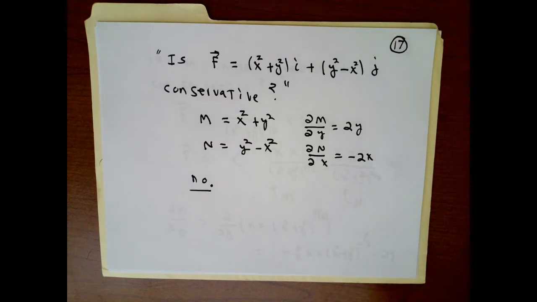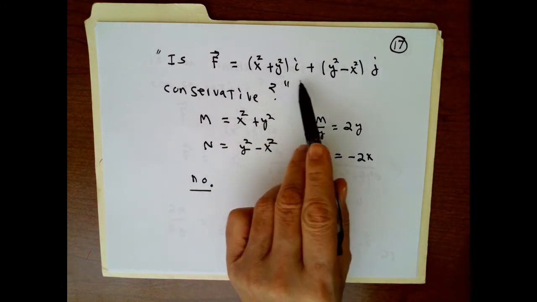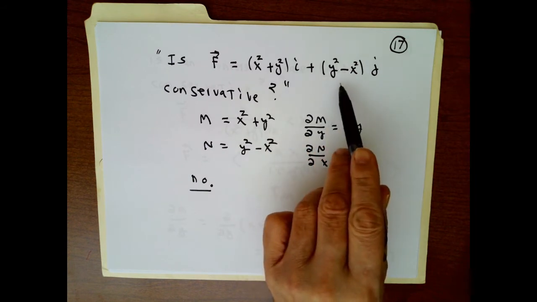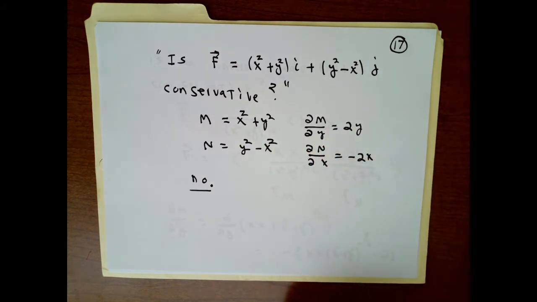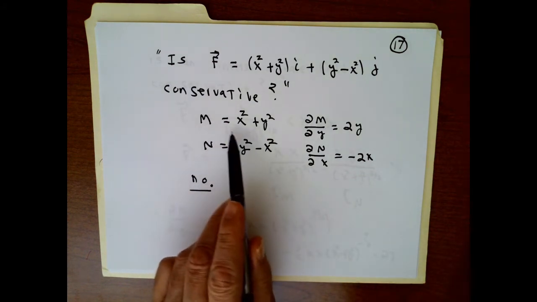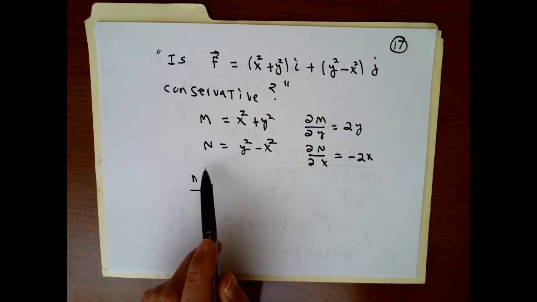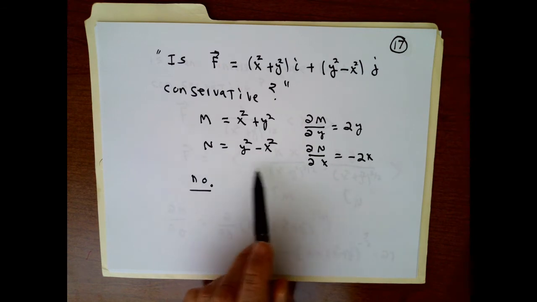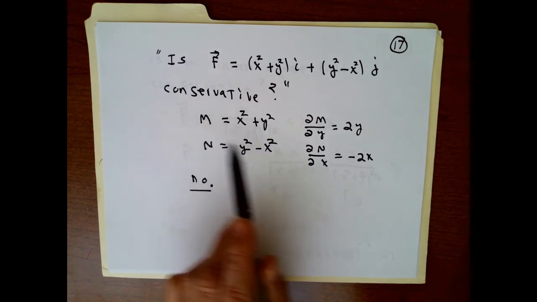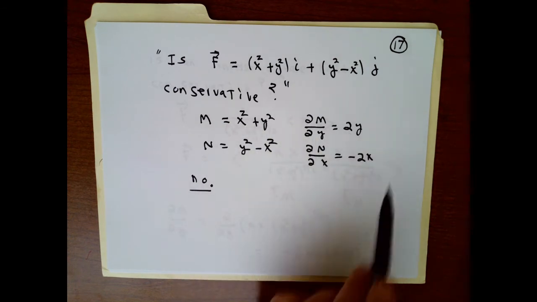So if someone walked up to me and said, here's a vector field, f is x squared plus y squared i plus y squared minus x squared j, is that conservative or not? What I can do is look at m, the first component, which is x squared plus y squared. I can look at n, which is y squared minus x squared. Partial of m with respect to y is 2y.